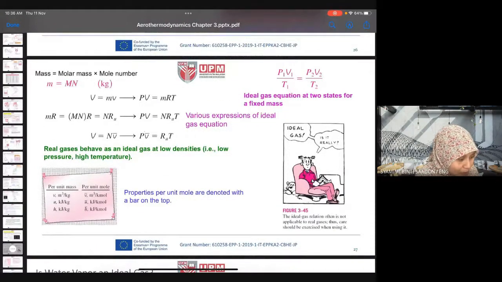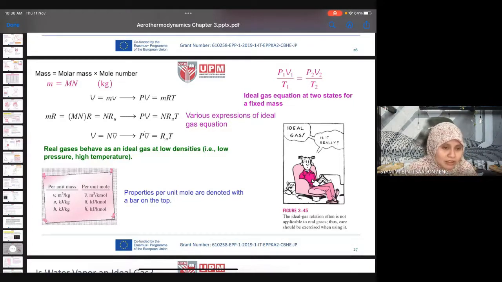Okay, mass is molar mass times mole number. If we have a mole number, we can also write all those parameters, the specific volume, internal energy, enthalpy, in terms of per unit mole instead of per unit mass. If you use per unit mole, you have to put a bar above the physical property. So it's kilojoule per kilomole or meter cube per kilomole.